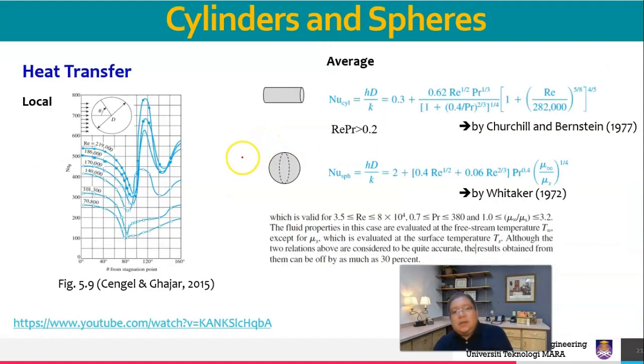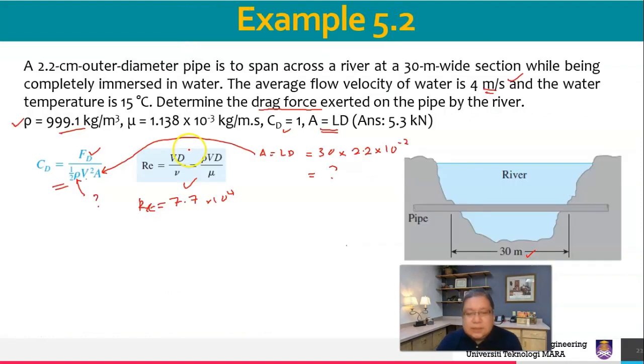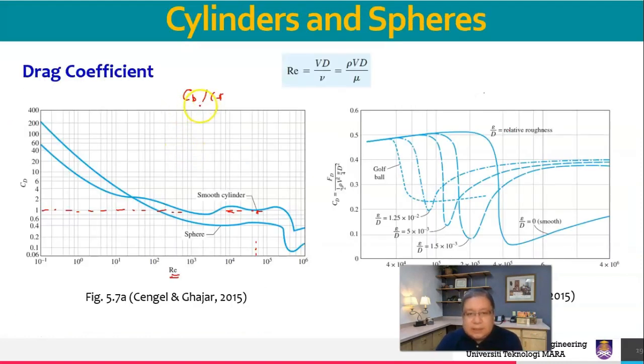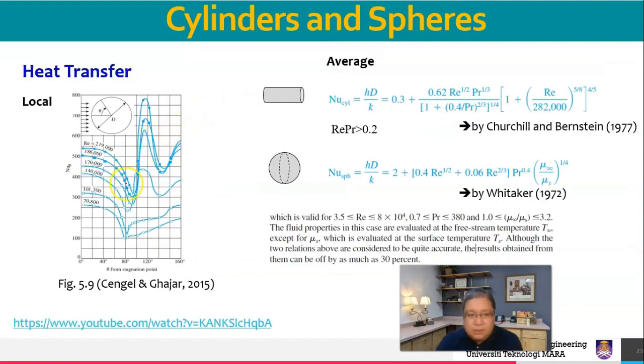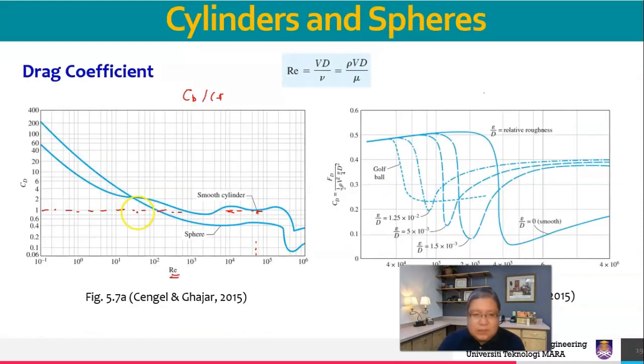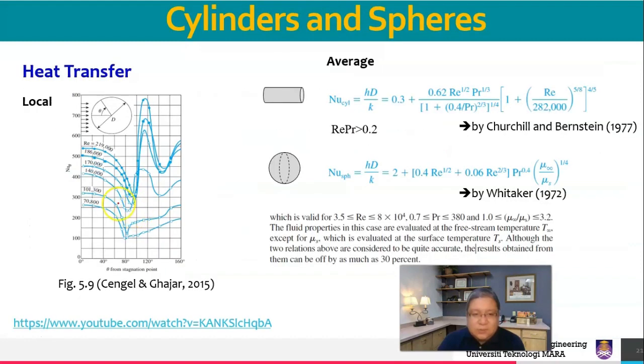All right, now we have the cylinder and spheres in terms of heat transfer. The Nusselt number, just now, was the drag coefficient; this one is the Nusselt number. Just now in the flat plate you had local, right? In this one you also have local in terms of the chart, just like the chart given for drag coefficient. They also have a chart for the local Nusselt number.